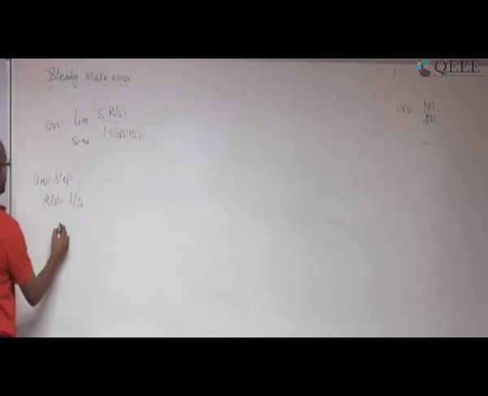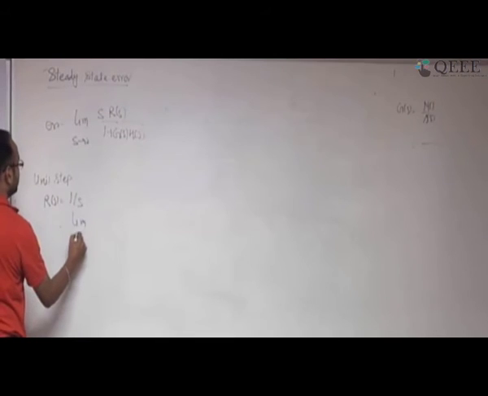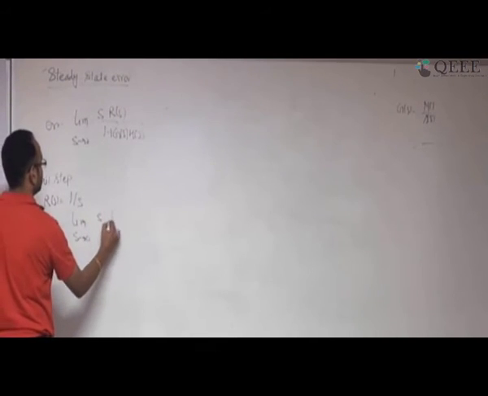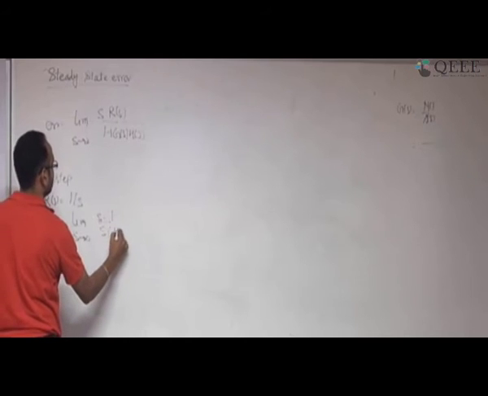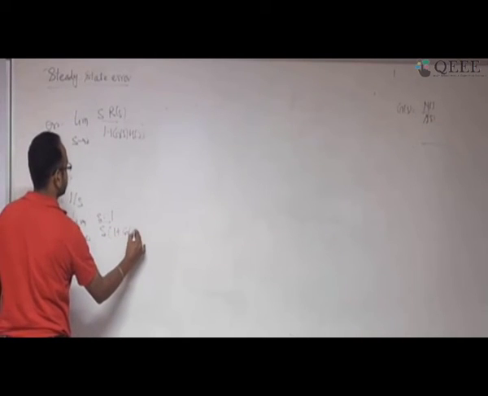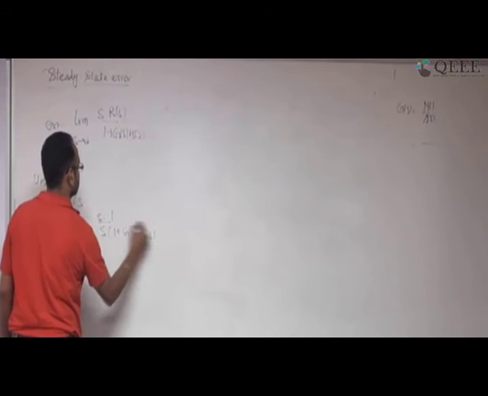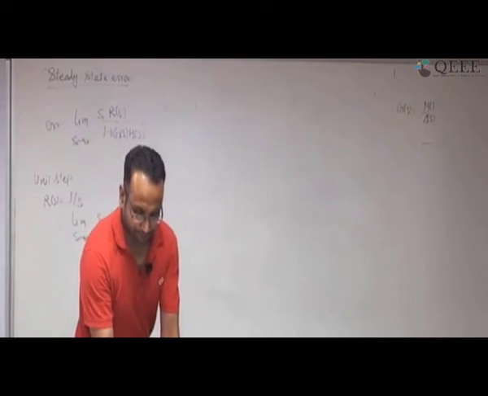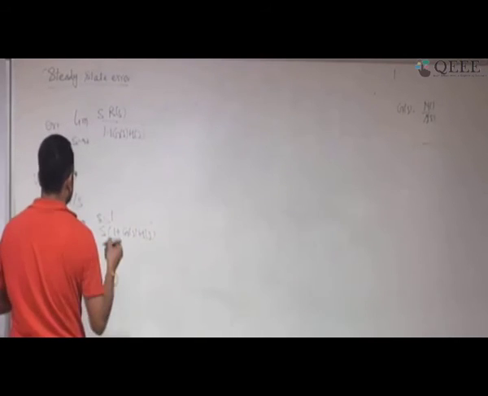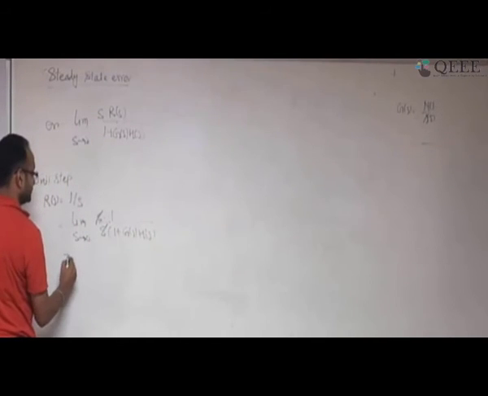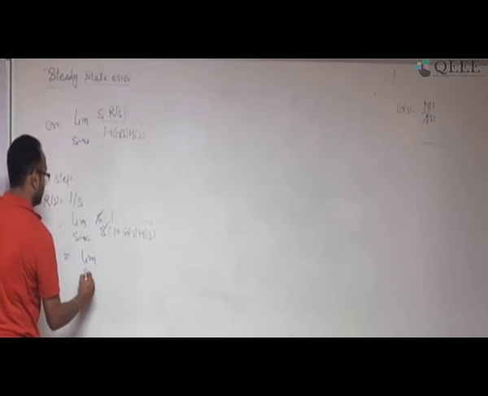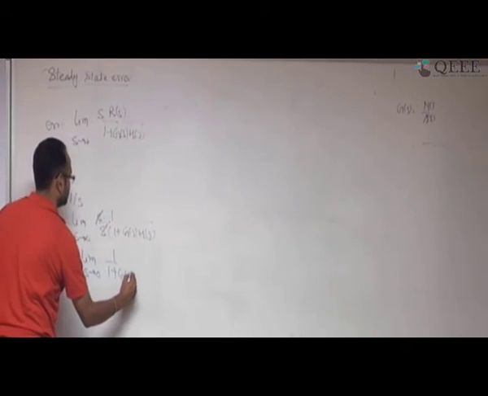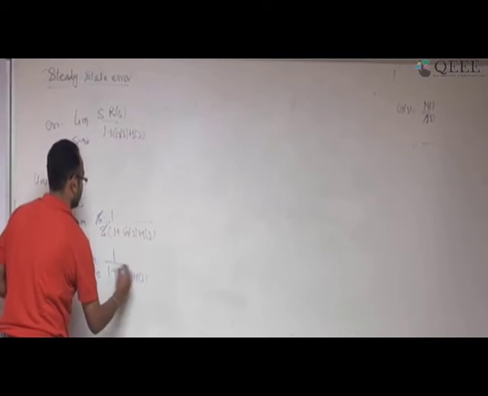In that case, your steady state error is going to be limit S tends to 0, S times 1 by S over 1 plus E of S, H of S, okay? So this S will get cancelled out, and this is going to be limit S tends to 0, 1 by 1 plus E of S, H of S.